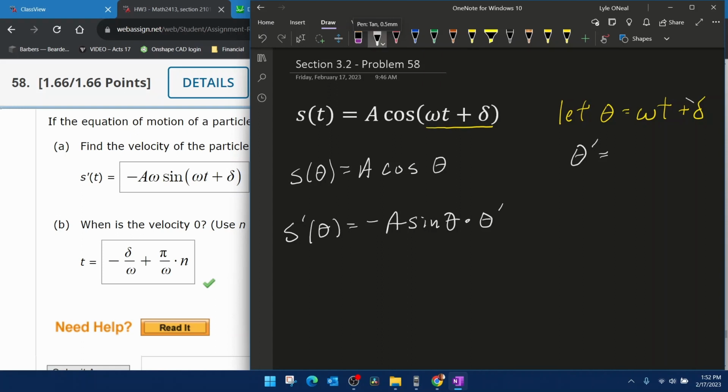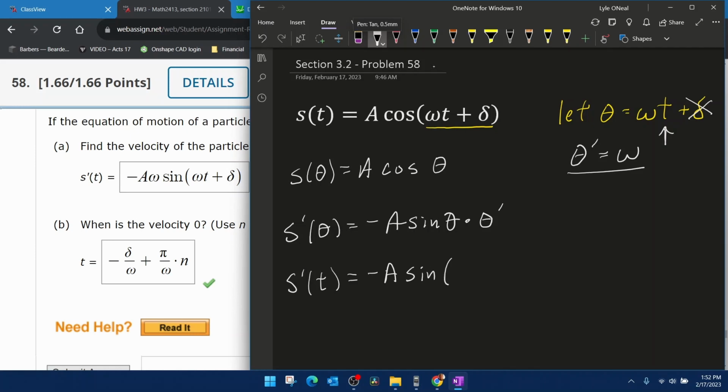The derivative of delta is going to go to 0 since it's considered a constant, and the derivative of omega t, since t is my variable, means I'm going to lose the t and end up with just omega.